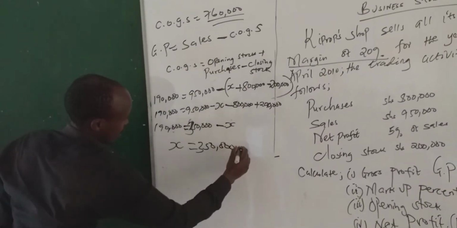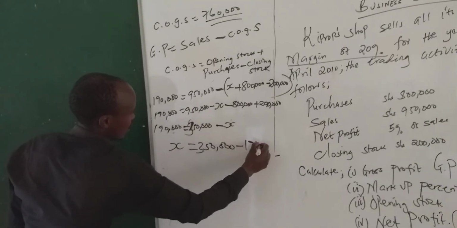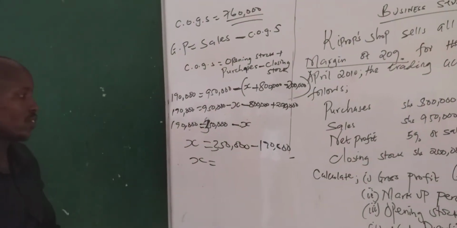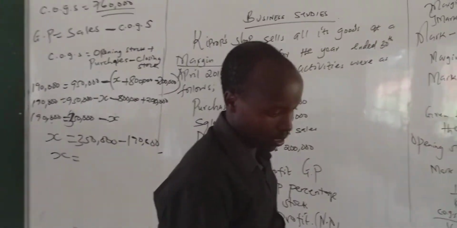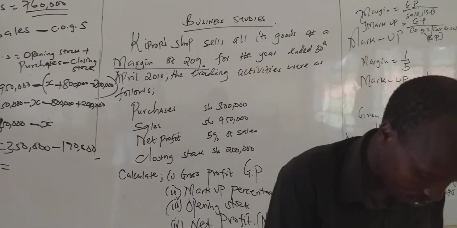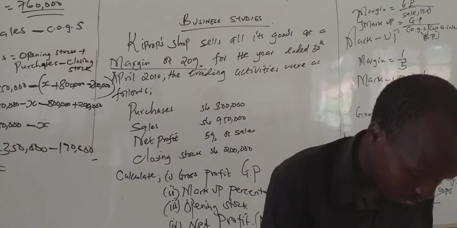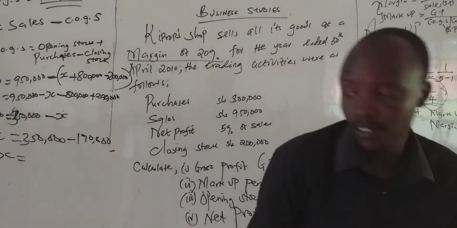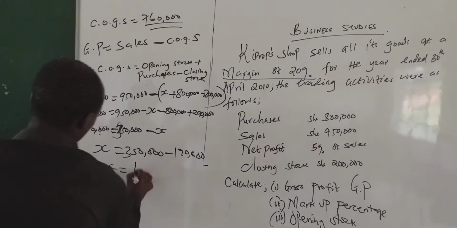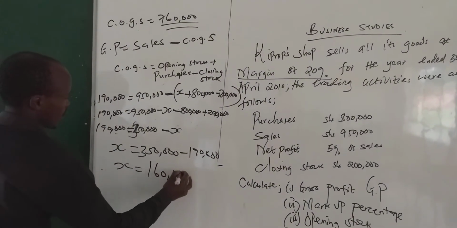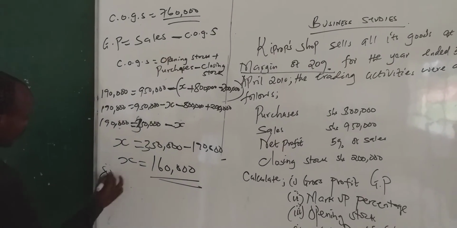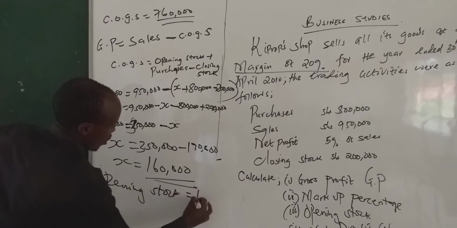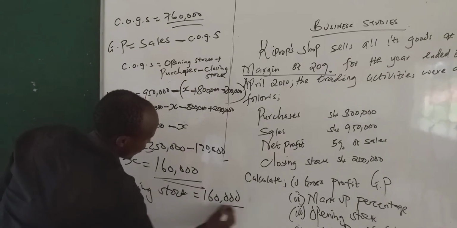We take this across the other side, minus 190,000. What is our X? 350,000 minus 190, press your calculators, and we are getting 160,000. So our opening stock, which is X, is 160,000.